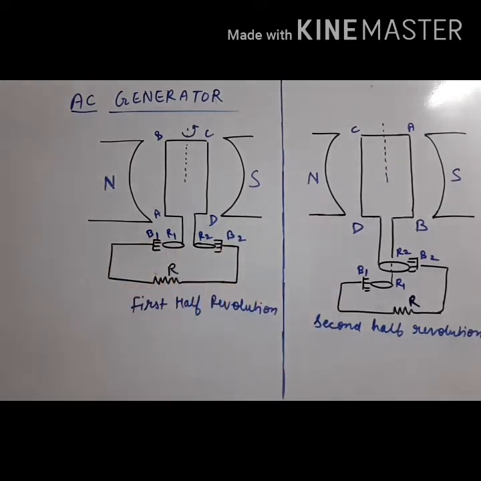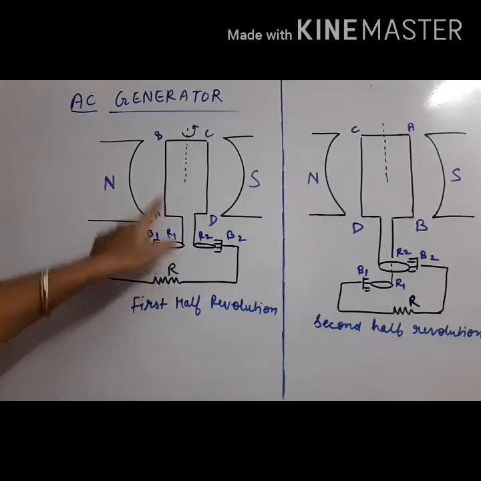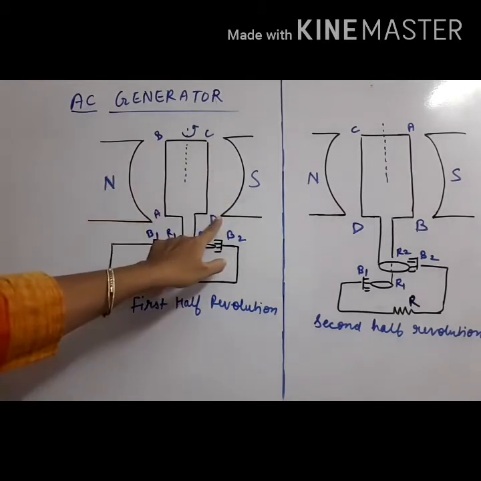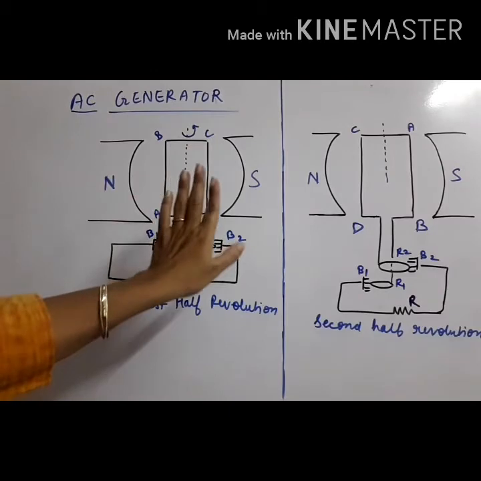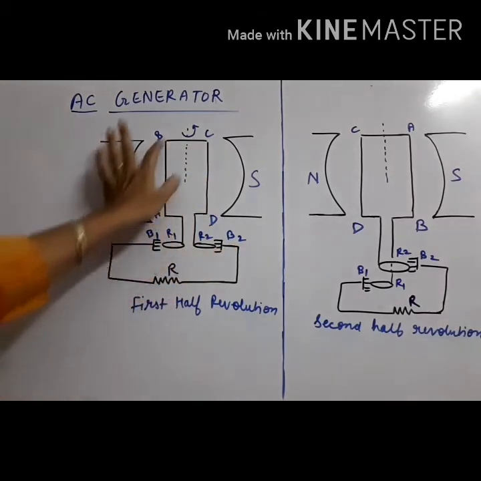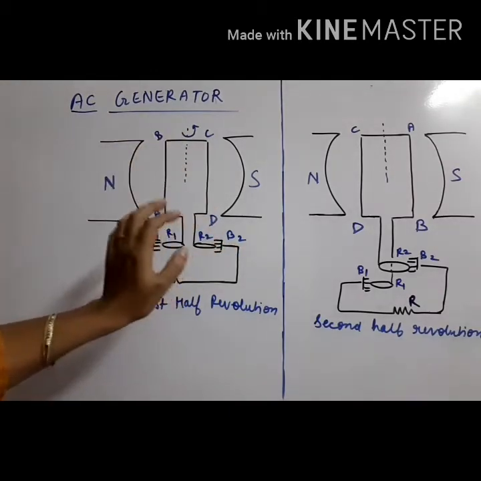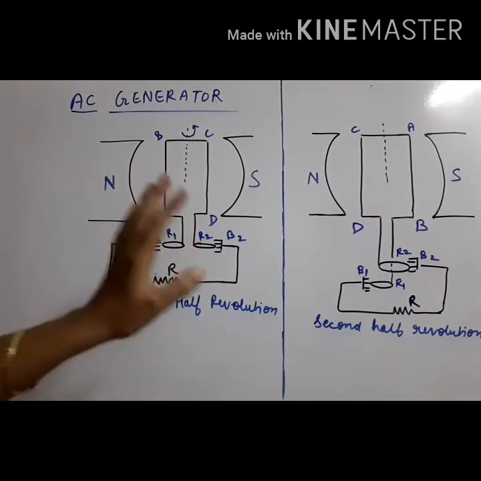Now what are the things needed for the AC generator, that means to produce the alternating current? First of all we require a coil. So you can see here one coil ABCD is kept. Now this coil is not having any current initially. In this coil there is no current initially, the current will be automatically produced later.